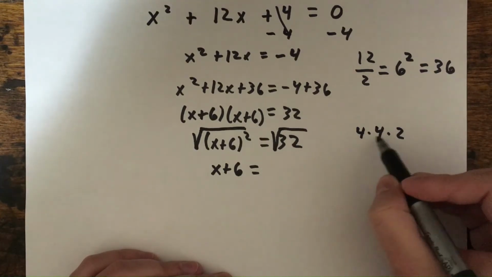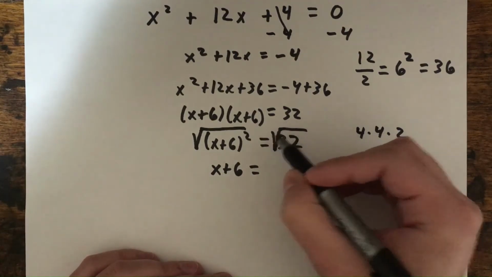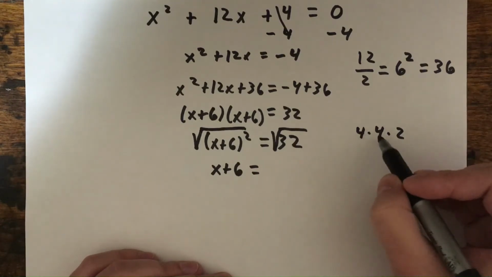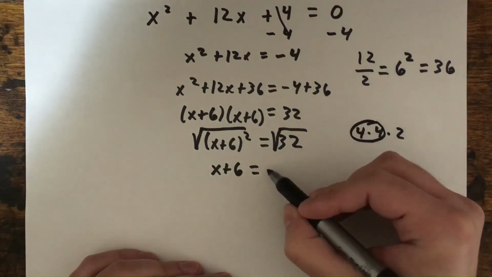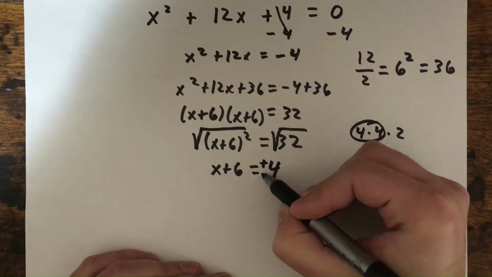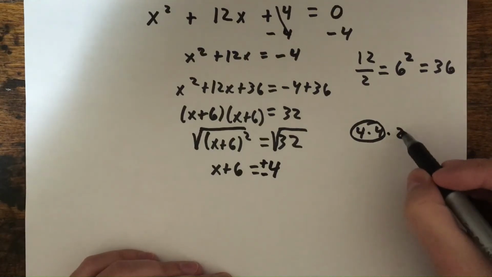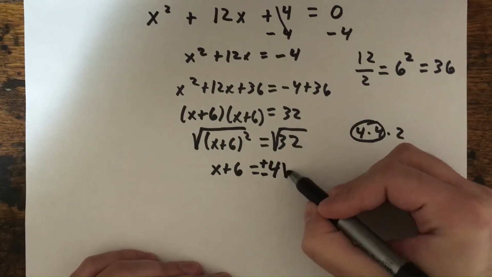So you have two 4's here, so you can bring that out of this square root. So these two 4's can both come out as one 4, and we have to put that plus and minus there also. I often forget to do that. And then we'll still have a 2 inside the square root.